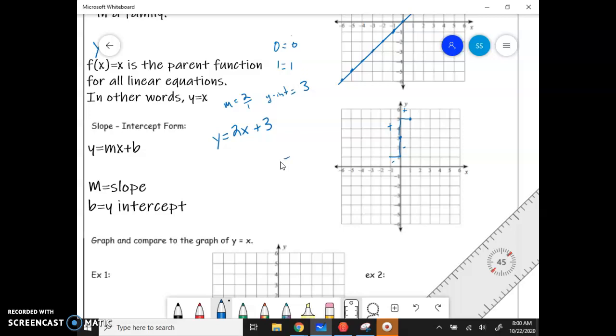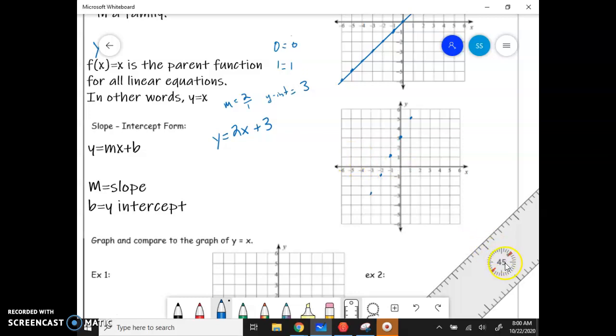And we know that negative 2 divided by negative 1 would equal positive 2. So let's go ahead, get rid of all these extra lines here. Let's just plot this out. Up 2 over 1 is going to go off the graph, so let's go down 2, back 1, down 2, back 1, down 2, back 1.